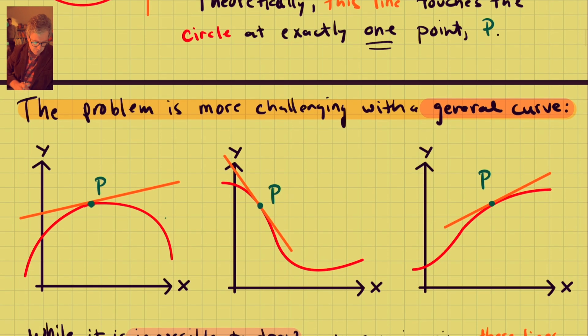All right, so I've got some examples here. In the first example, we've got this curved line that comes up, and we've drawn a tangent to that curve at the point P. You can imagine this intersecting that curve and just touching it at one particular point.